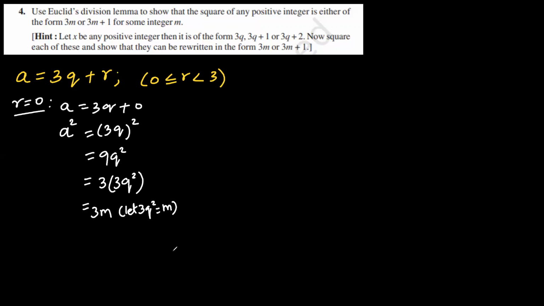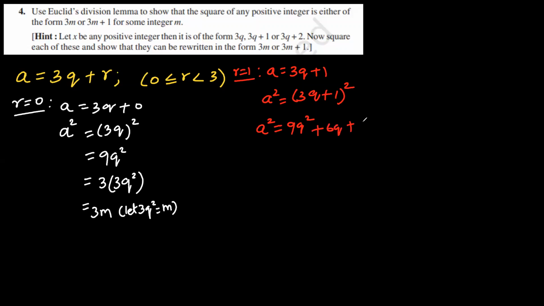The next is r is equal to 1, that is a is equal to 3q plus 1. We have to square on both sides, isn't it? So a square is equal to 3q plus 1 the whole square. We have to follow the a plus b whole square form. So a square is equal to 9q square plus 6q plus 1.